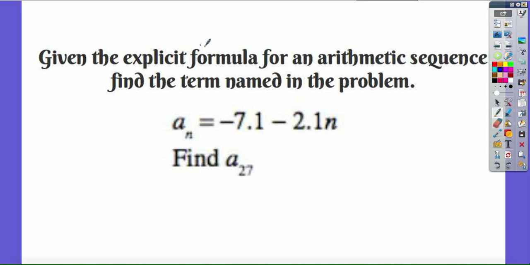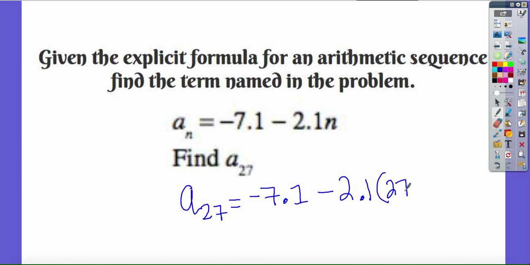Okay, so given the explicit formula for the arithmetic sequence, find the term named in the problem. So they specifically want us to find the 27th term in this formula. So we're finding a sub 27. So that's going to be equal to negative 7.1 minus 2.1 times 27.